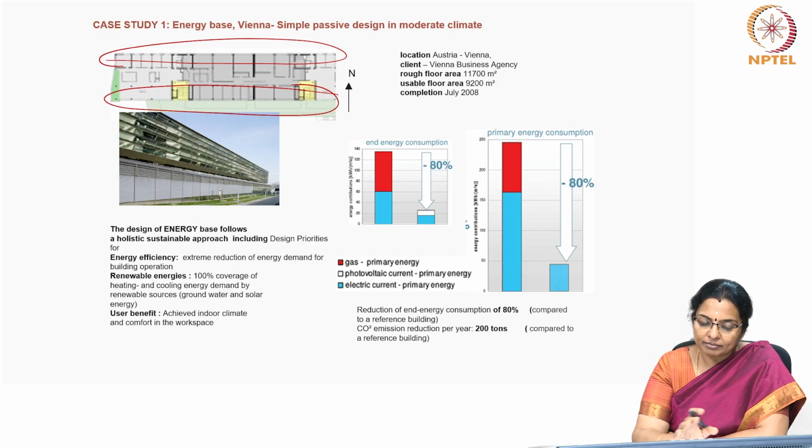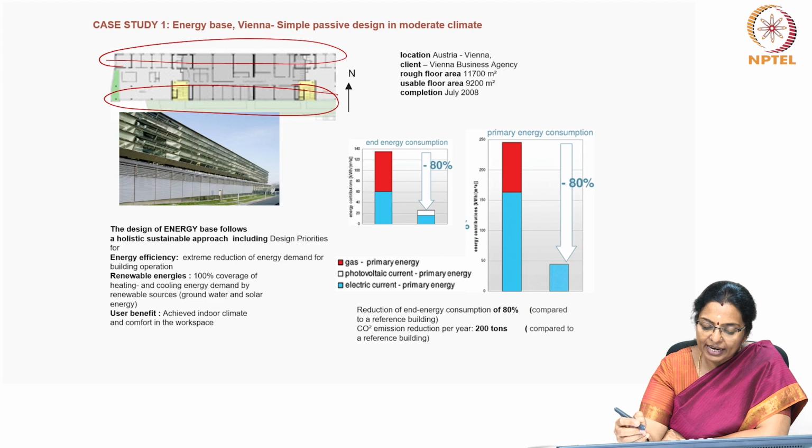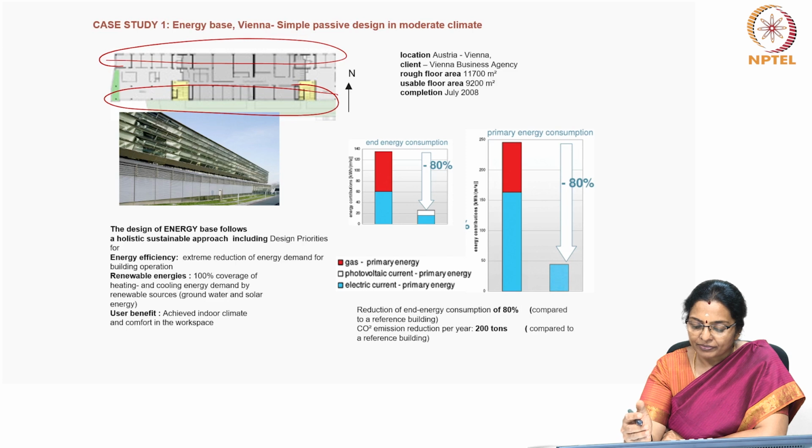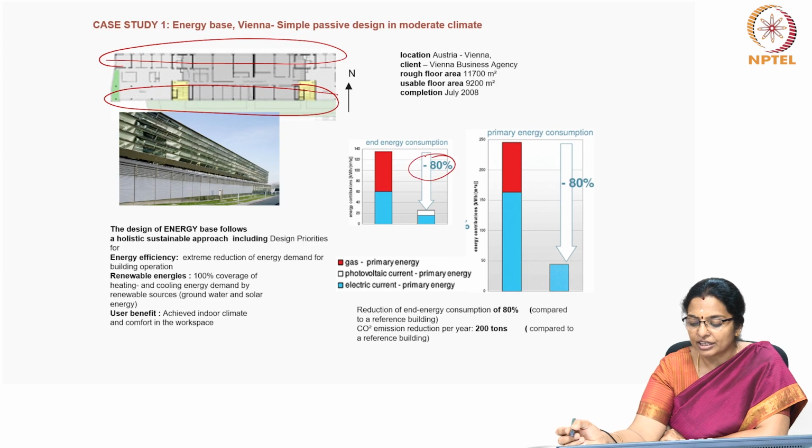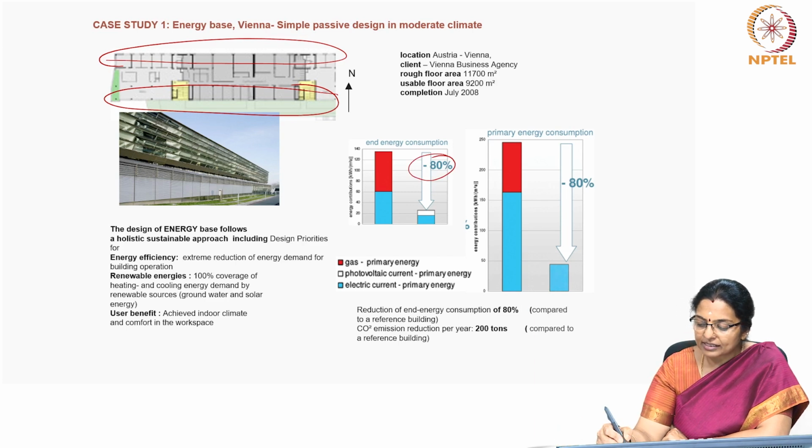Because of the orientation and other features like shading device, use of glass, etc., you can see the end energy consumption as compared to the base case. If you take any other base case as compared to that, there is an 80% reduction in the use of primary energy as compared to the reference building.